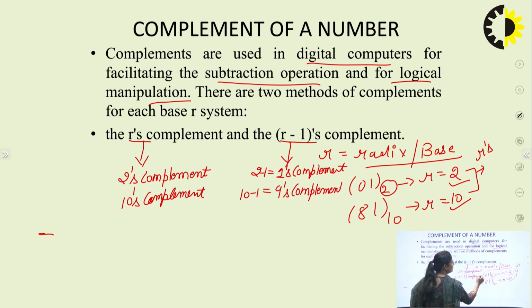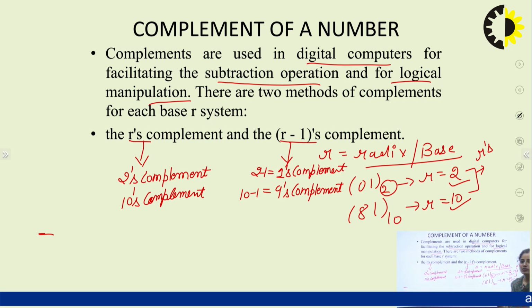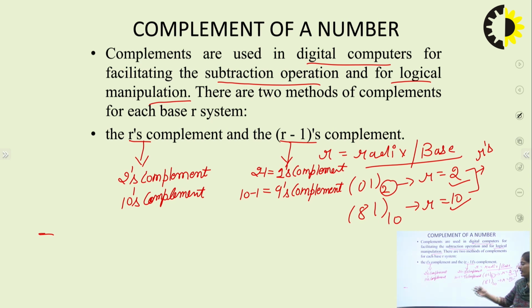Similarly, for octal we have 8 minus 1, that is the 7's complement, and for hexadecimal, 16 minus 1, that is the 15's complement. That all comes under the r-1 category, while the bases, that is 2 for binary, 10 for decimal, 16 for hexadecimal and 8 for octal, come under r's complement.